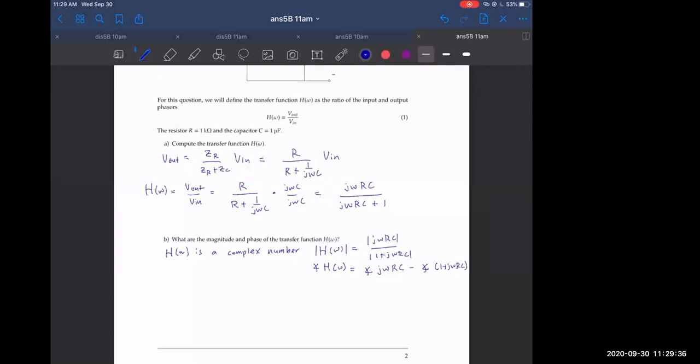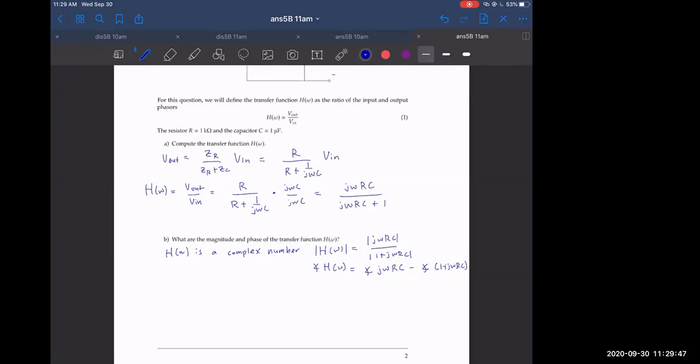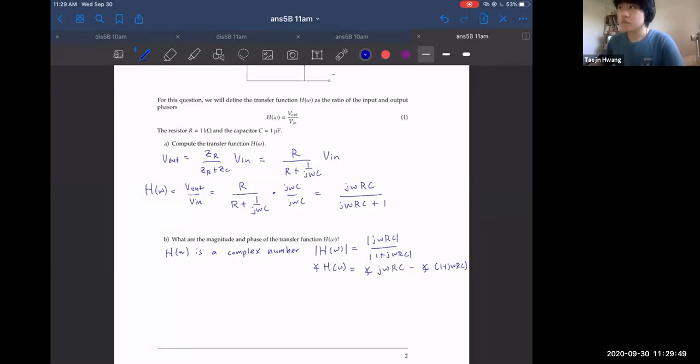Okay, hopefully people got a chance to look at 2050, at least part B. I'll start out by just sketching what these numbers would look like on the complex plane. j omega RC is a purely imaginary number, so it'll look something like this.